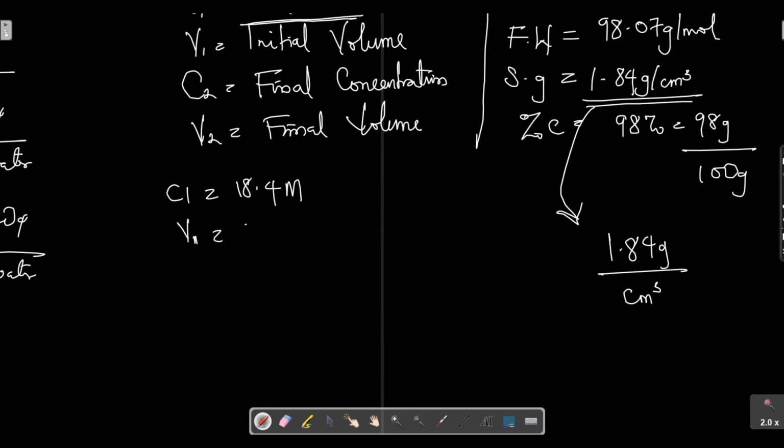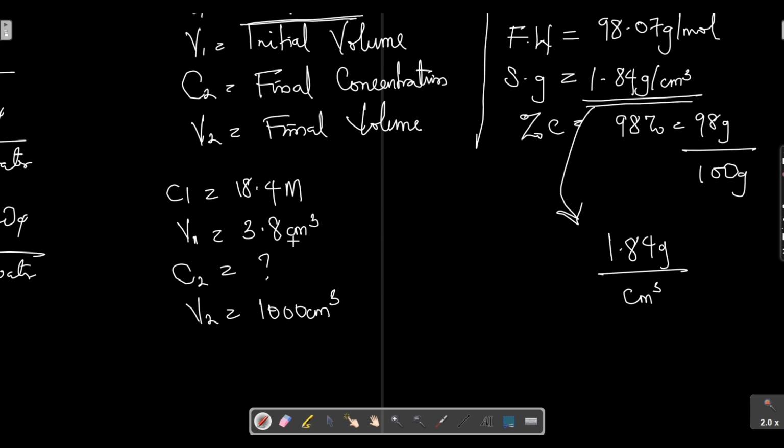Here we're having it as 3.8 cm cube, and our final concentration is what we are looking for. And V2, we are diluting it to 1000 cm cube. Take note of that. 1 dm cube means 1000 cm cube.